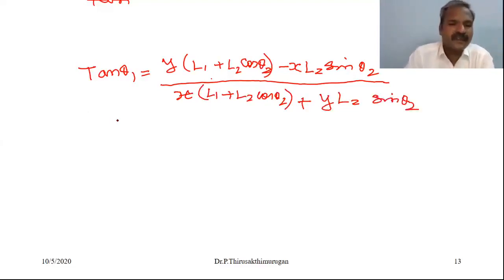So this is your reverse kinematic solution for the two relations.